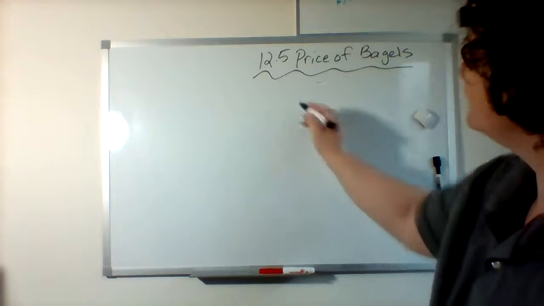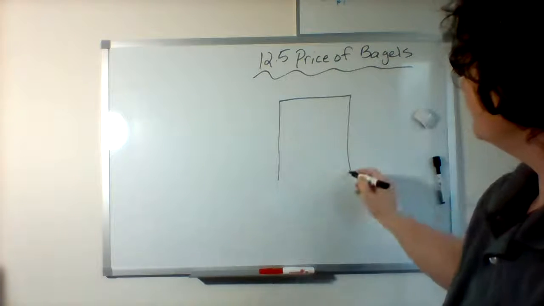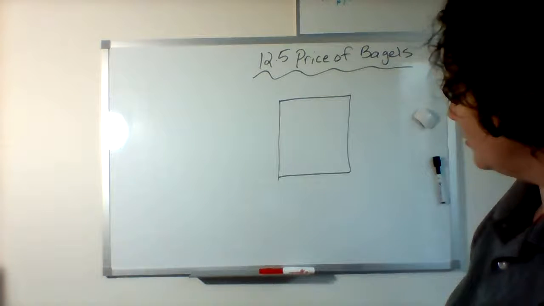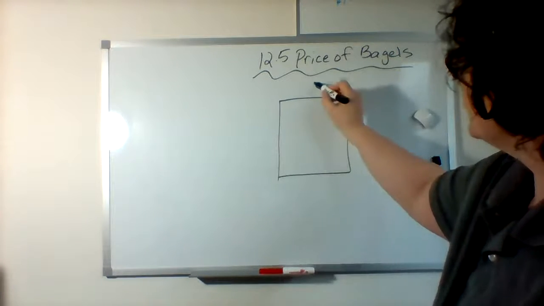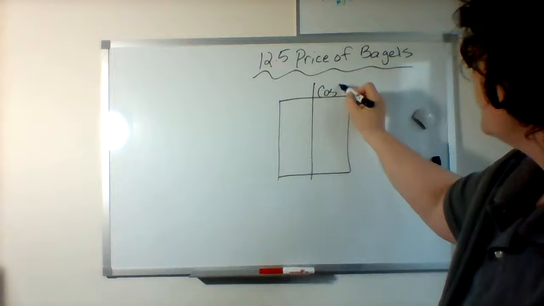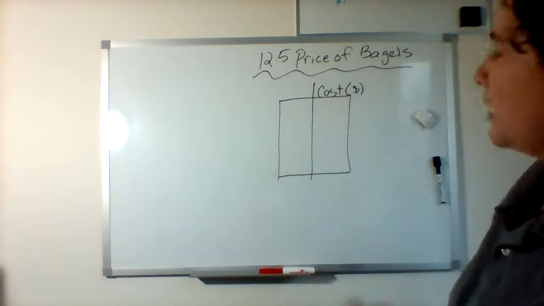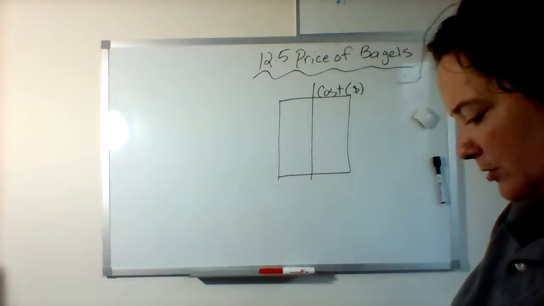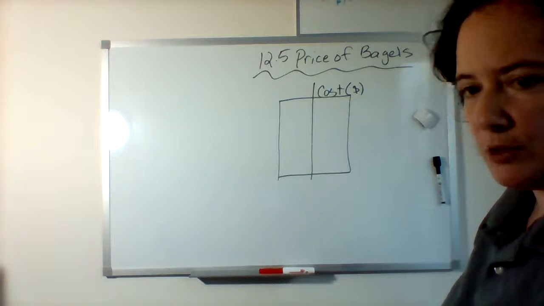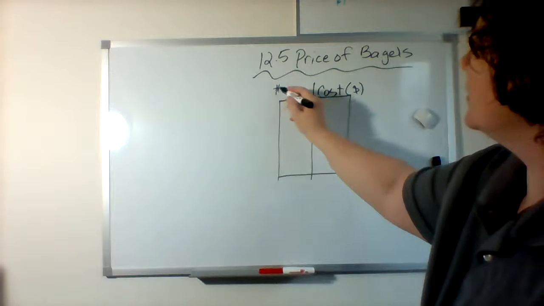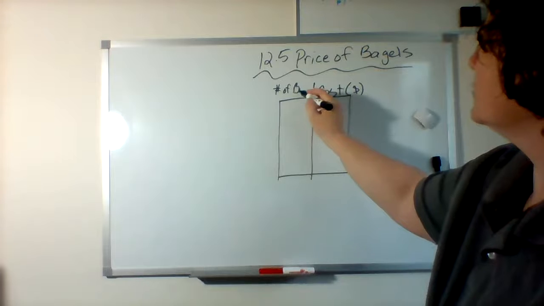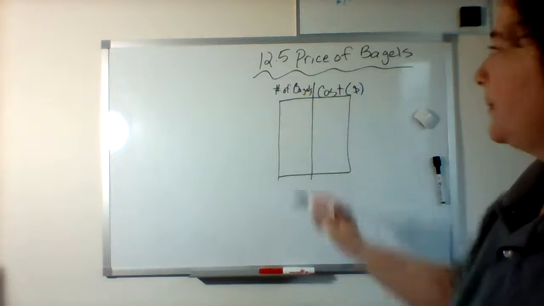Cost is one of them, and we're measuring it in dollars. That's our unit, the US dollar. What's the other one? The number of bagels. Those are the two quantities that we're comparing.